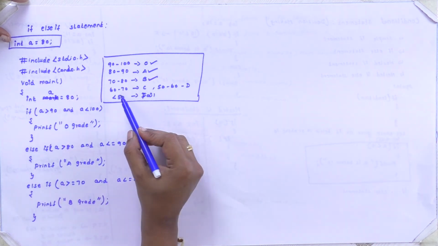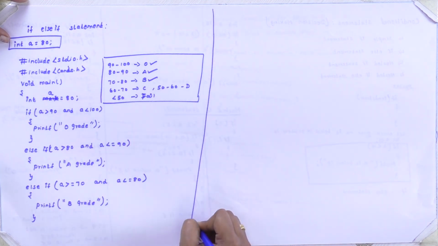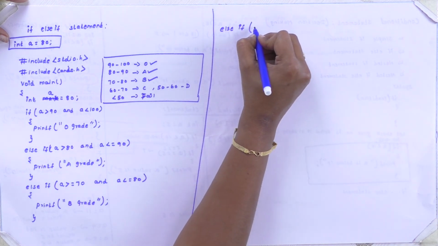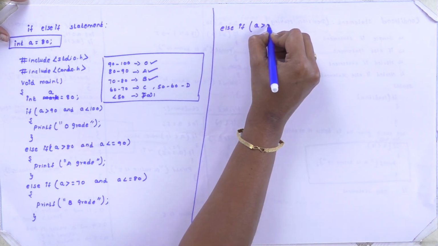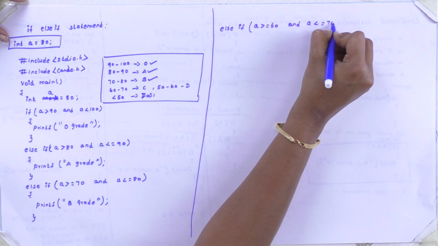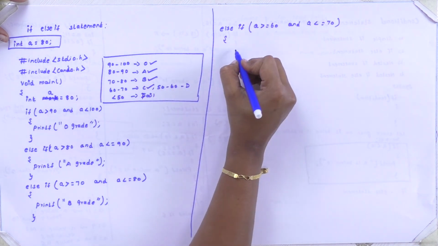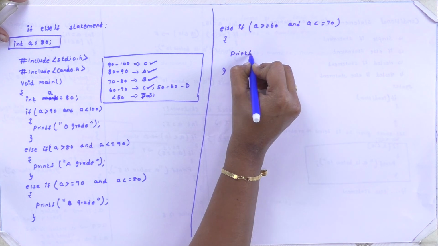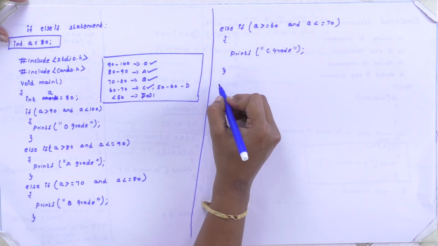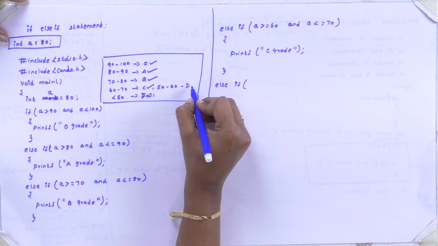Again I am going to write another condition. Else if A is greater than or equal to 60 and A is less than or equal to 70. What is the grade for this? C grade. Next else if, 50 to 60 is D grade.